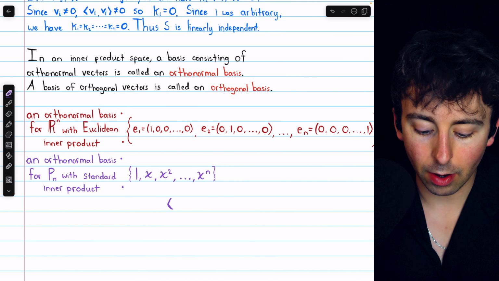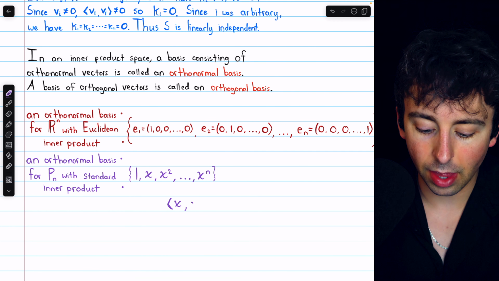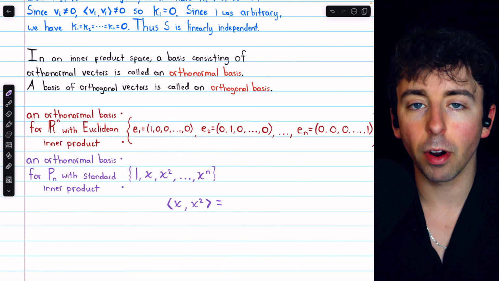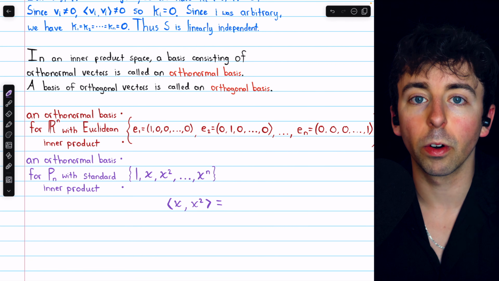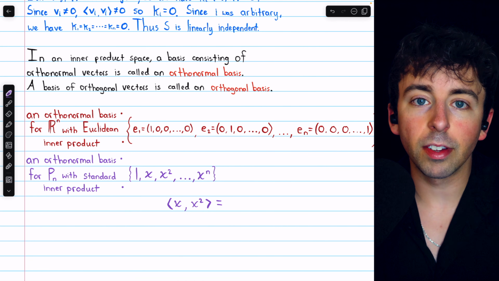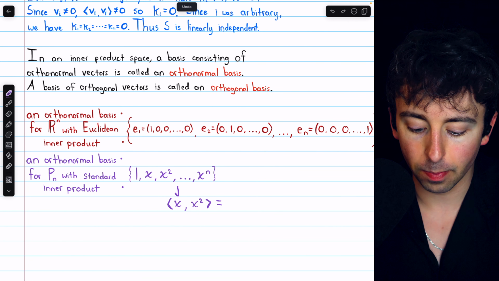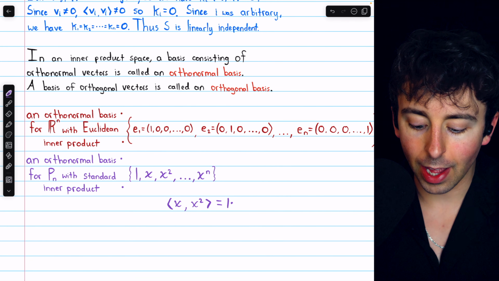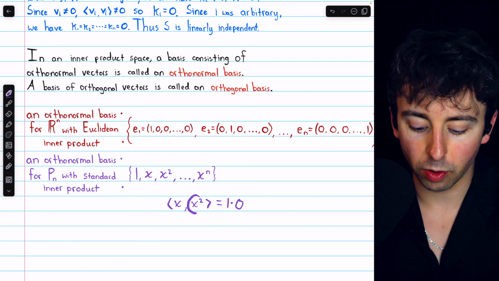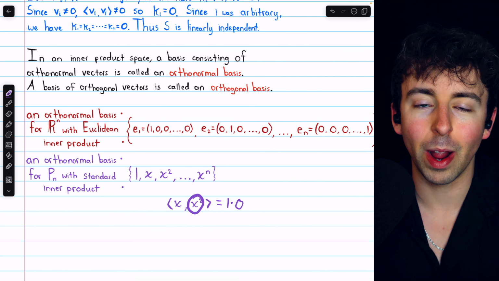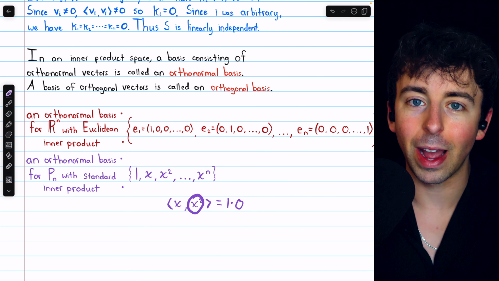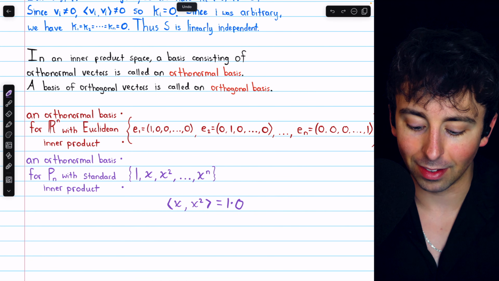For example, the inner product of x with x squared is defined to be the sum of the products of the coefficients of their corresponding terms. So we would have to take 1, the coefficient of the linear term of this vector, and multiply it by 0, the coefficient of the linear term of x squared. x squared has 0 x's, so that's multiplication by 0.